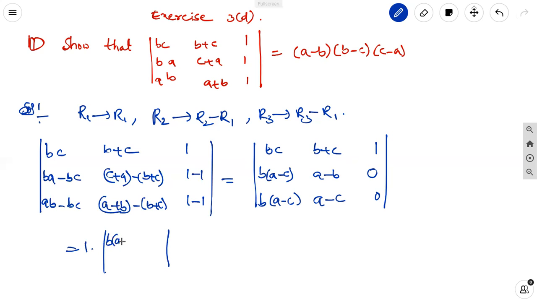We can take B into A minus C, A minus B, B into A minus C, A minus C. Okay, it is equal to B into A minus C into A minus C minus B into A minus C into A minus B, B common, here B common.